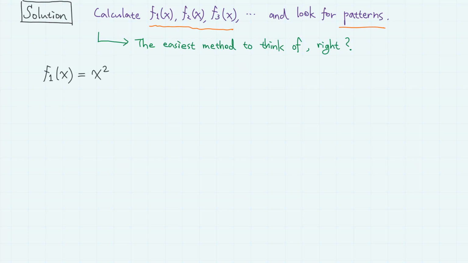So f_1(x) is given as x squared, and f_2(x) can be calculated by f_1(x) plus derivative f_1'(x), so x squared plus 2x.